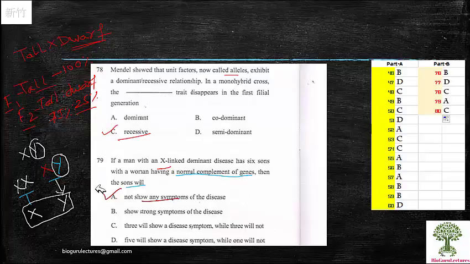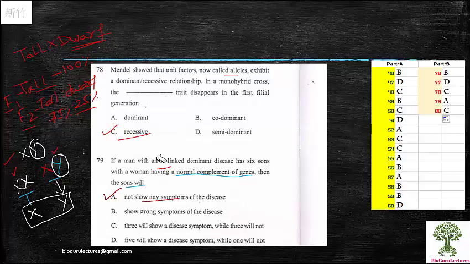Next, 79th one. If a man with an X-linked dominant disease has 6 sons with a woman having a normal complement of genes, then the sons will be. Here I try to provide you an illustration. Just consider the chromosomes of the 6 sons are X and Y. The contribution from the mother is the X chromosome, which is an autosome, and the contribution from the father is the allosome, which is the Y chromosome.